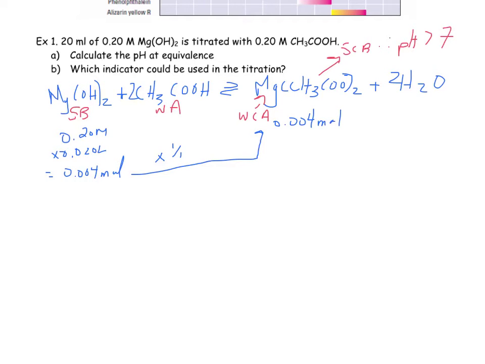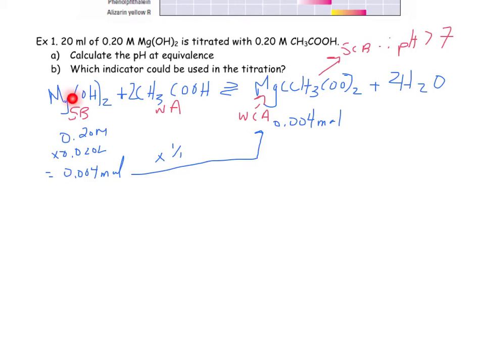Now, it does not matter whether you use your magnesium hydroxide or your information about your acetic acid in the stoichiometry problem. That's because we're calculating the pH at equivalence, which means that there's no limiting reactant. They are equally added in. However, I do need to know the volume of acetic acid that I used in order to divide it by my moles to find my initial molar concentration in my equilibrium.